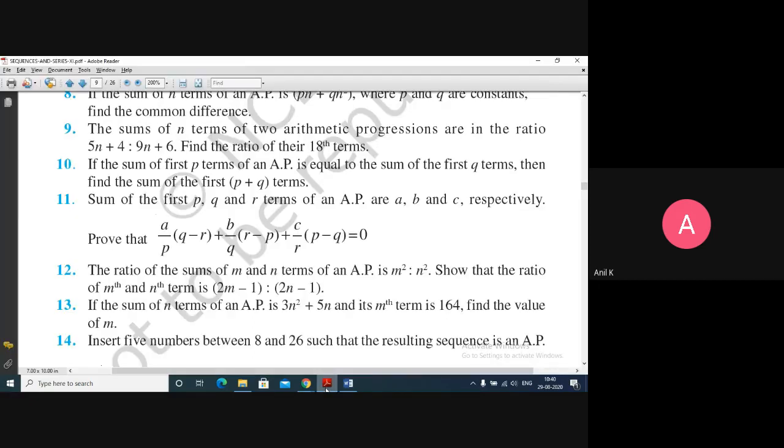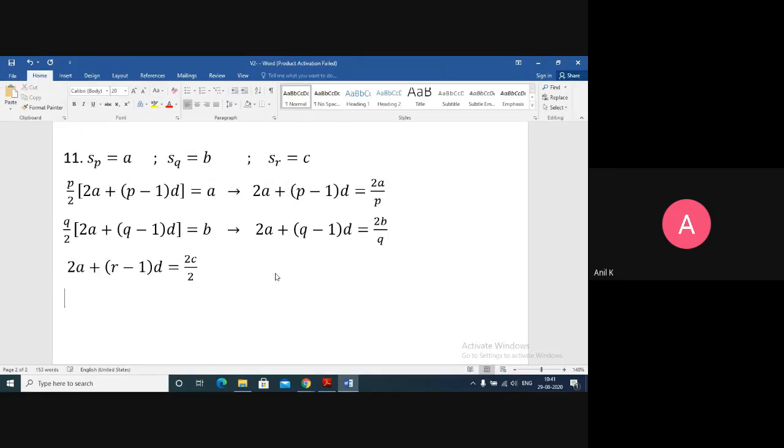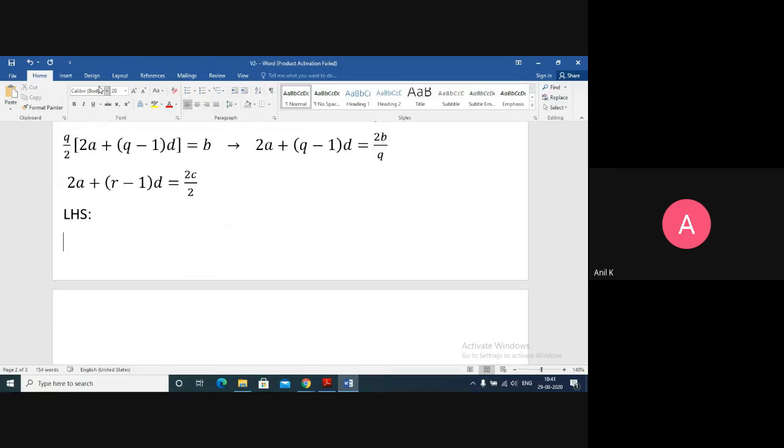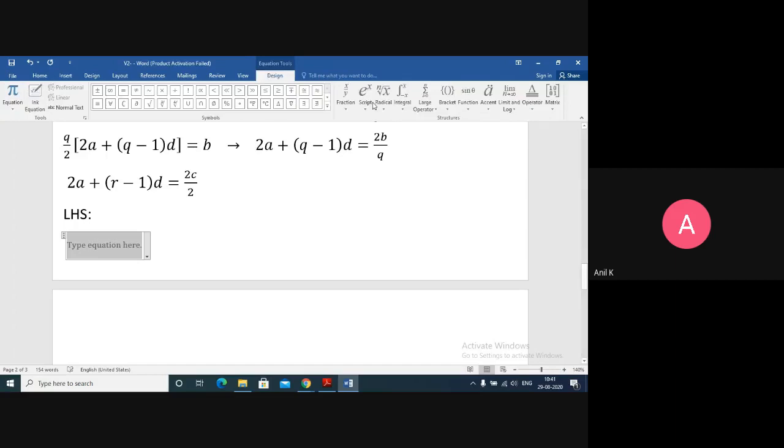What you have to prove here is A upon P into Q minus R plus B upon Q into R minus P plus C upon R into P minus Q equals 0. So I'll consider this LHS. Let me take the LHS, what is given in the question. Your LHS is A upon P into Q minus R plus B upon Q into R minus P. This is LHS I am typing.